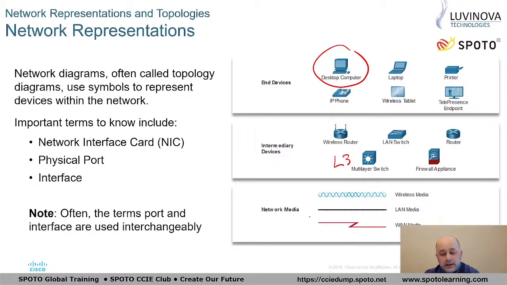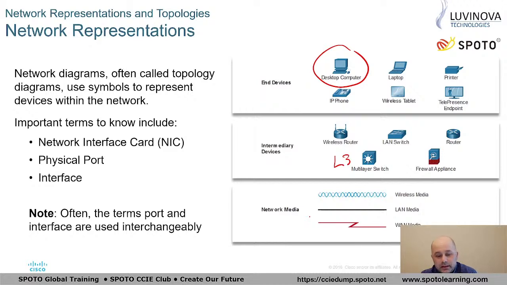Here as well, network media. It's created by wireless transmission, LAN media, which is actually our copper cable or fiber optics cable, but mostly copper cable, and WAN media. WAN media is created by fiber optics or serial cables.